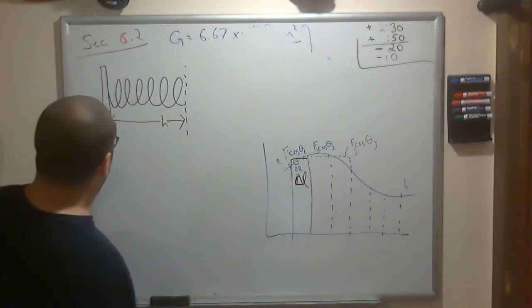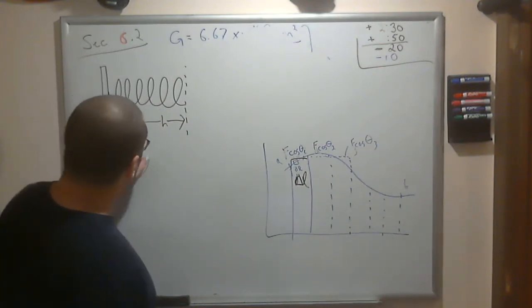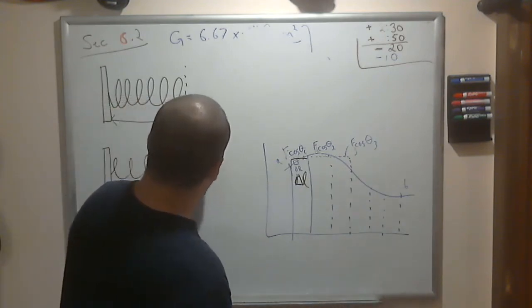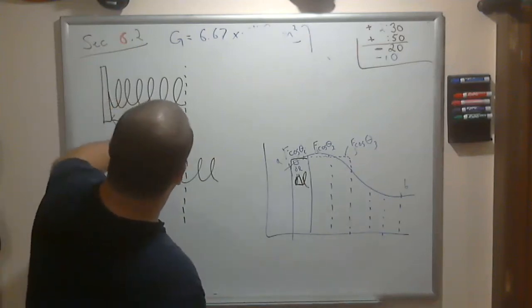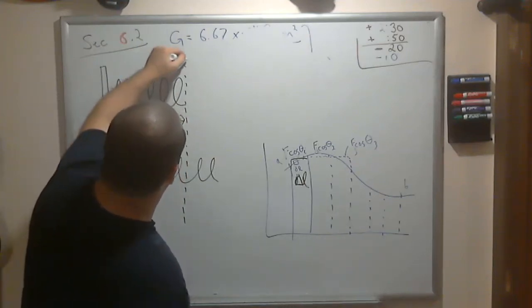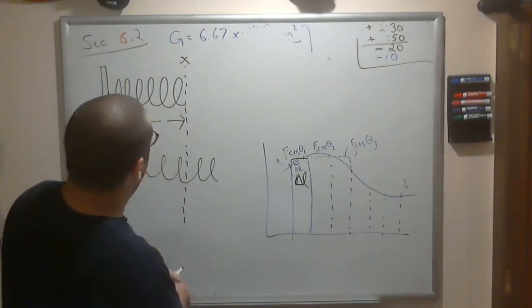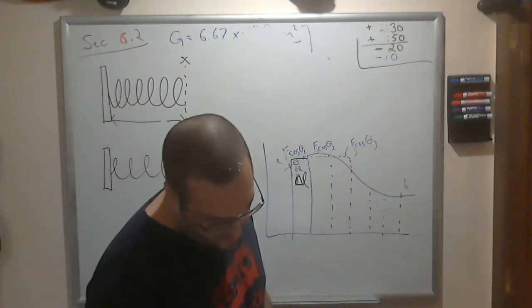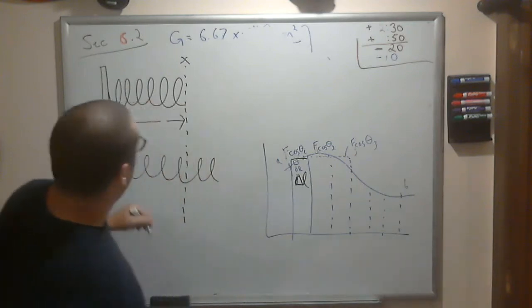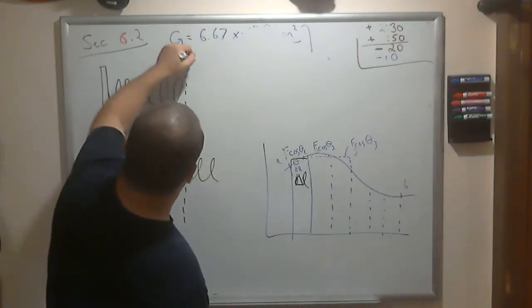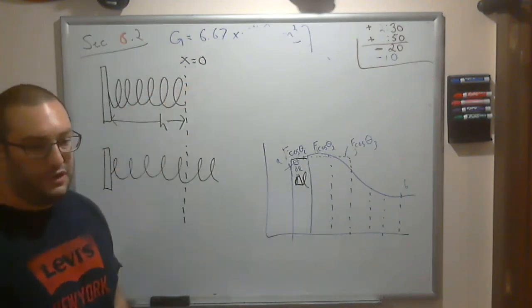So if I extend it, and then this is X. Let's call this equilibrium position. X is equal to 0, right?